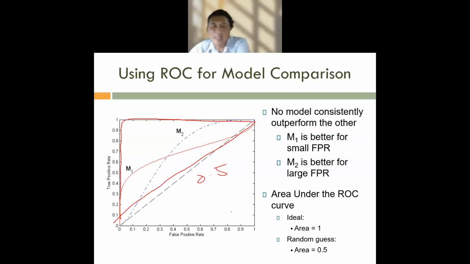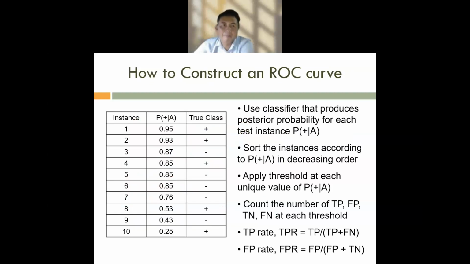Okay. So now let's take a look at how do we plot this graph. Let's suppose we have this data. For us to plot the ROC, we have to look at the probability of having positive class given all the attributes. This can be computed using the naive Bayes.